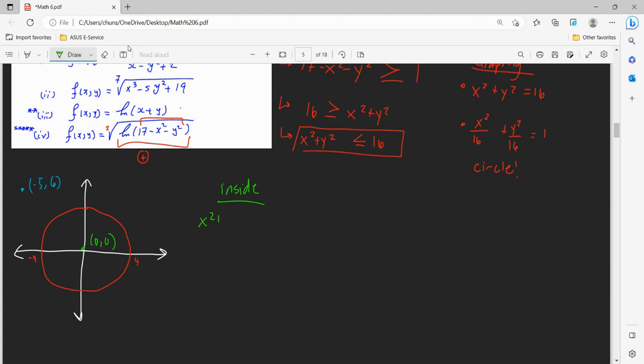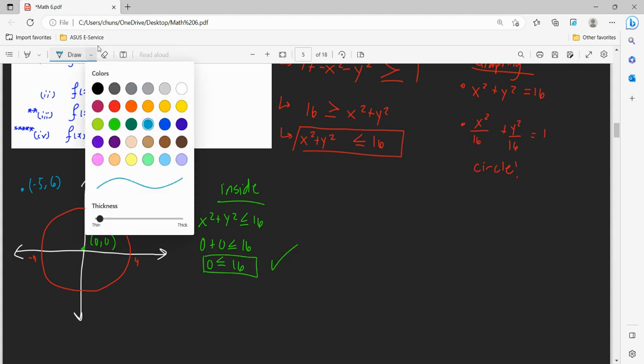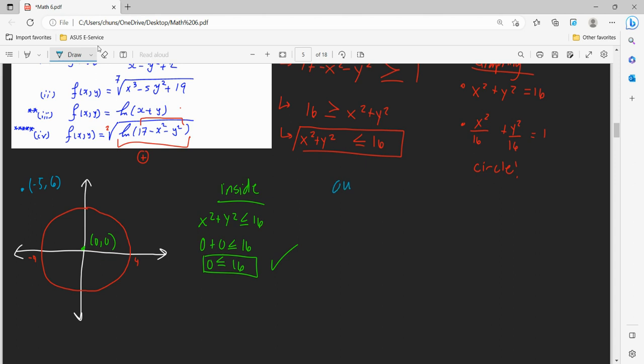So we need x squared plus y squared is greater than or equal to 16. Sorry, is less than or equal to 16. So then that is 0 plus 0 less than or equal to 16. And 0 is less than 16. So this is good. So we can use our inside region. Let's test our outside region.